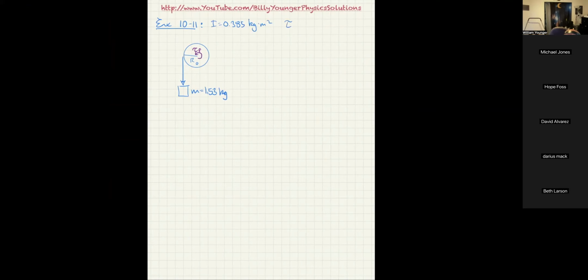The torque due to friction is negative 1.10 Newton meters. And what we're going to do is draw a free body diagram for the pulley. And the free body diagram for the pulley is basically this.